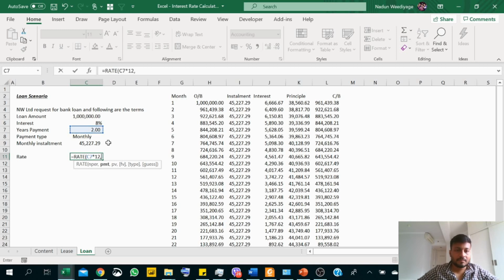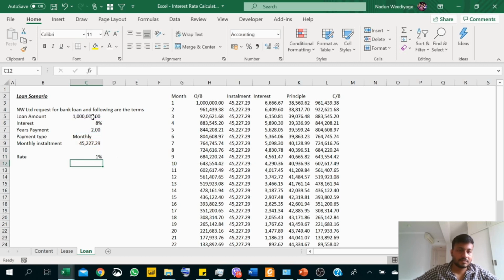And the payment term, just like before, you have to note it as a minus value, which in here is 45,227 as a minus, and the present value is 1 million, and the future value we don't know. And the type is we are paying it at the end of the period. Close parentheses.